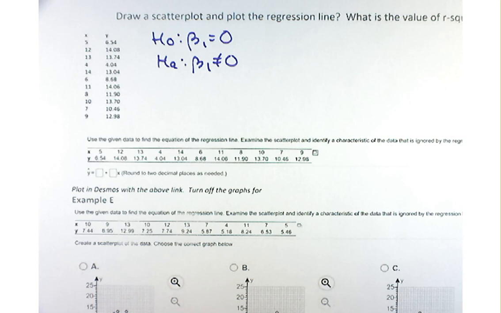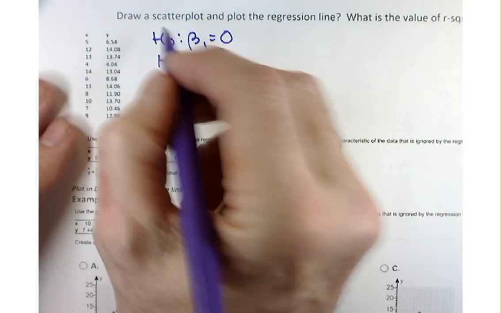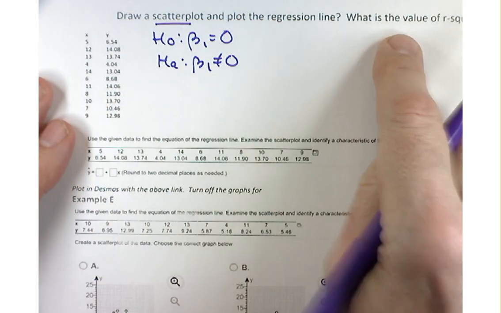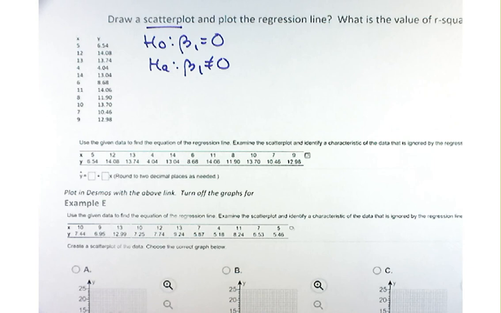Hopefully yes. We'll find out in just a minute. It also asks us about a scatter plot and the value of R squared. So we have to figure out what this R squared is all about. We'll do that in just a minute.